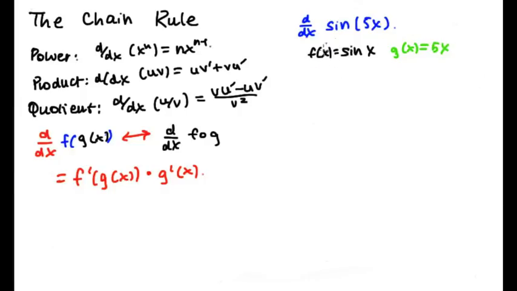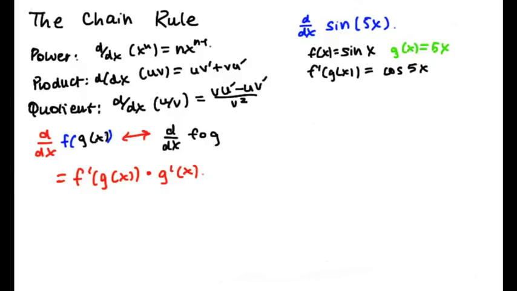So you'll see what I mean. The derivative of sine x is cosine x, but f prime of g of x is going to be cosine of 5x, because we're replacing this x by 5x, right? And now we're multiplying by g prime of x.